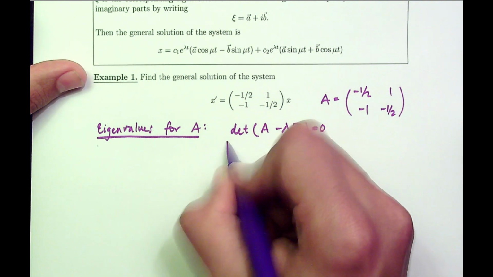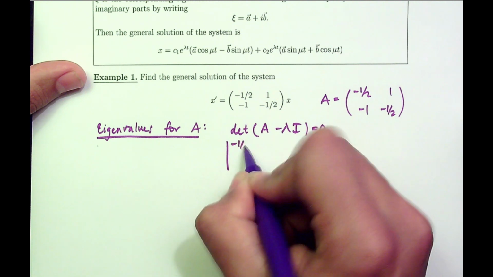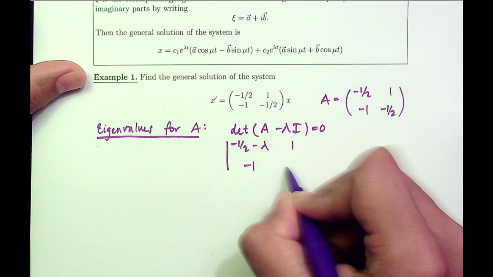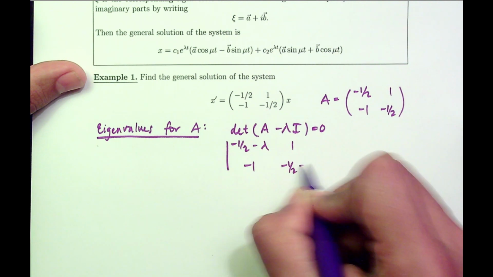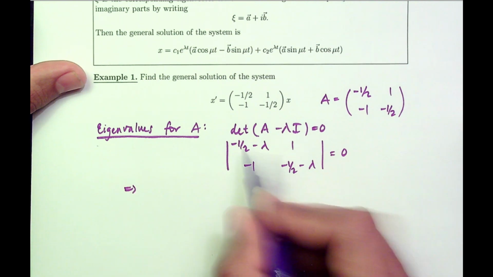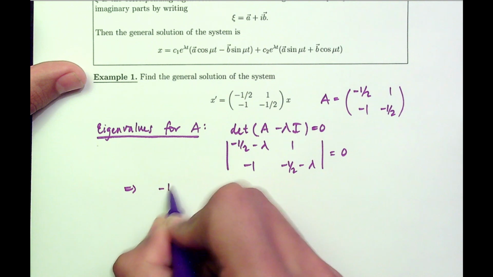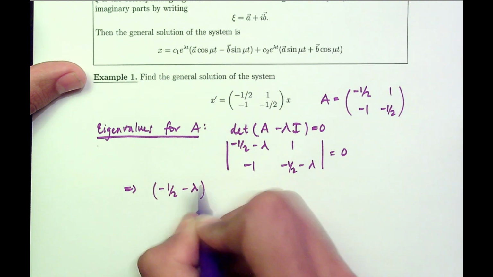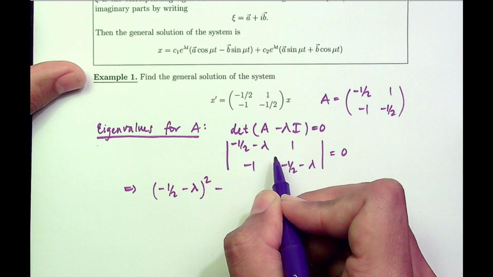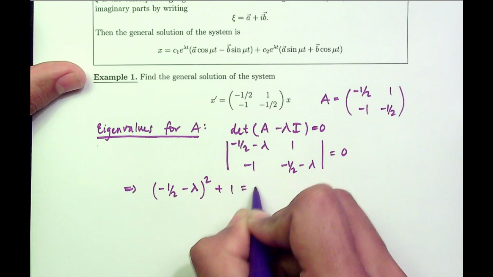That is the determinant, where you subtract lambda across the main diagonal: negative 1/2 minus lambda, 1, negative 1, negative 1/2 minus lambda, equals 0. Then you compute the determinant. That times that would be negative 1/2 minus lambda squared. And then minus negative 1, that would be plus 1, equals 0.